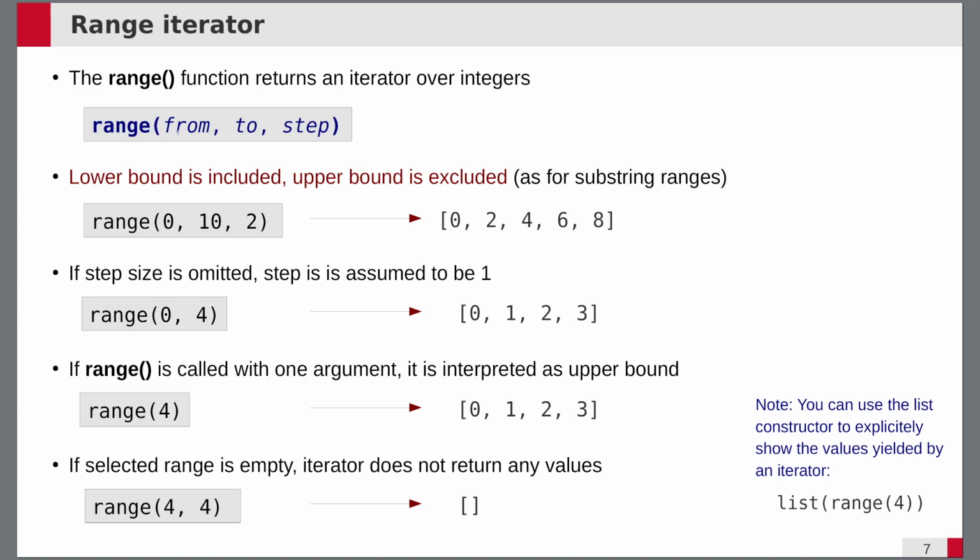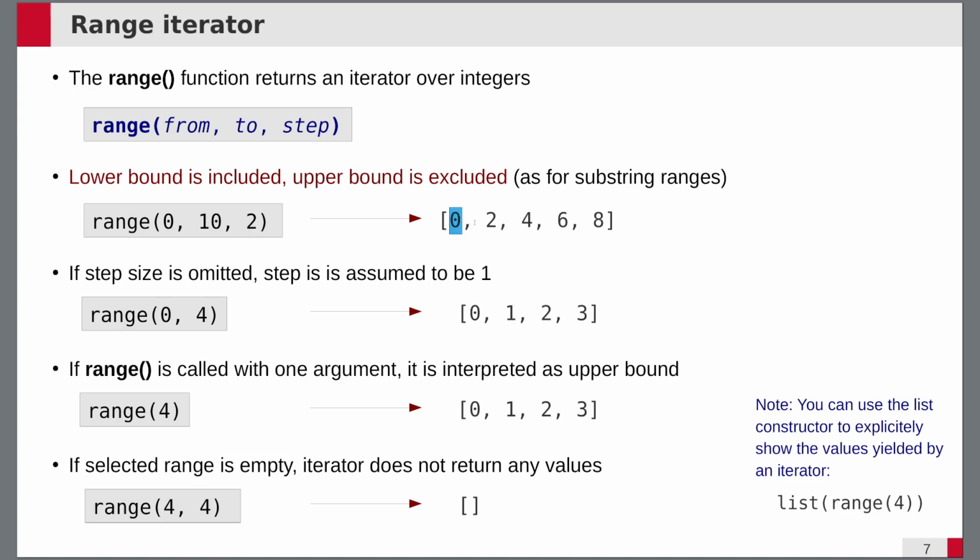The syntax for the range function is that I specify where I should start, where I should stop, and optionally I can also specify the step size. So for example, range 0, 10, 2 would mean we are starting at 0, going up to 10 in steps of 2.